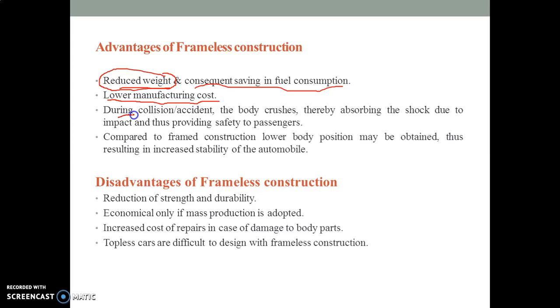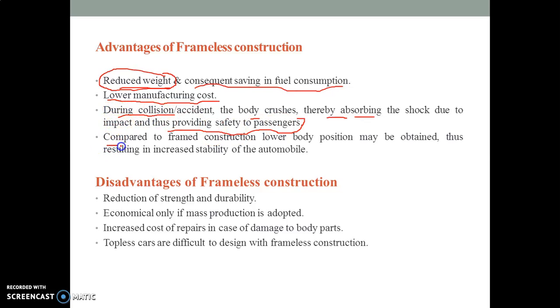During a collision or accident, the body crushes, thereby absorbing the shock due to impact and thus providing safety to the passengers. This point is very important for the safety of the passenger, that the body absorbs the shock and doesn't transmit that vibration to the passenger.